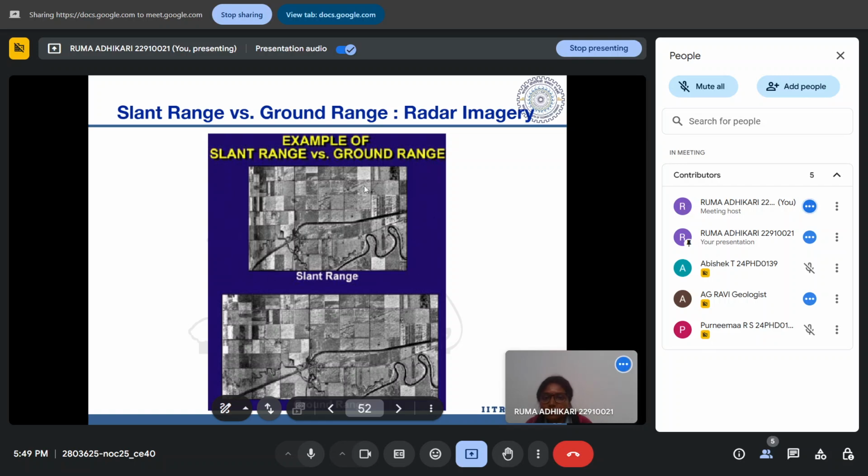To visualize slant range and ground range, slant range is this, and ground range is the total. The slant range looks compressed, and when we map that onto the ground, or calculate with the angle, it gives us this type of flat, proper image.